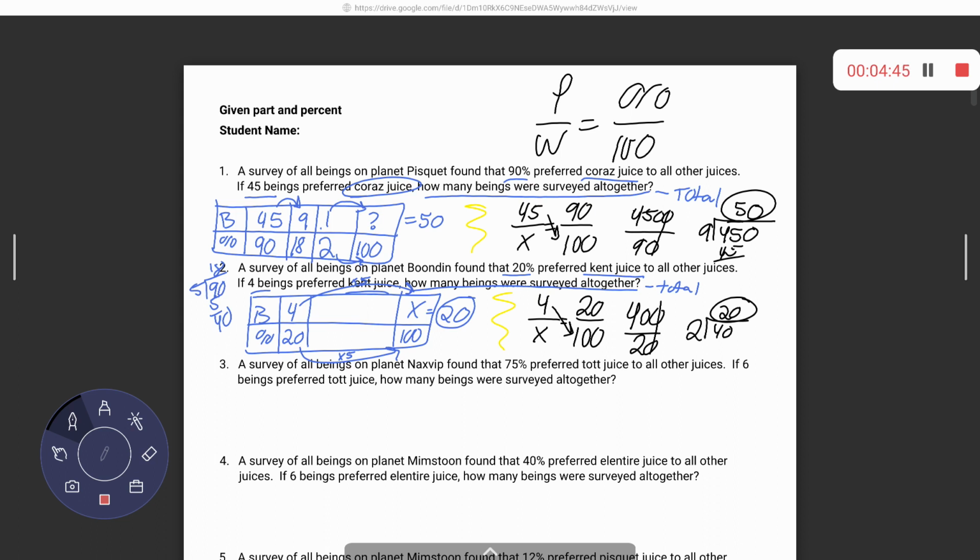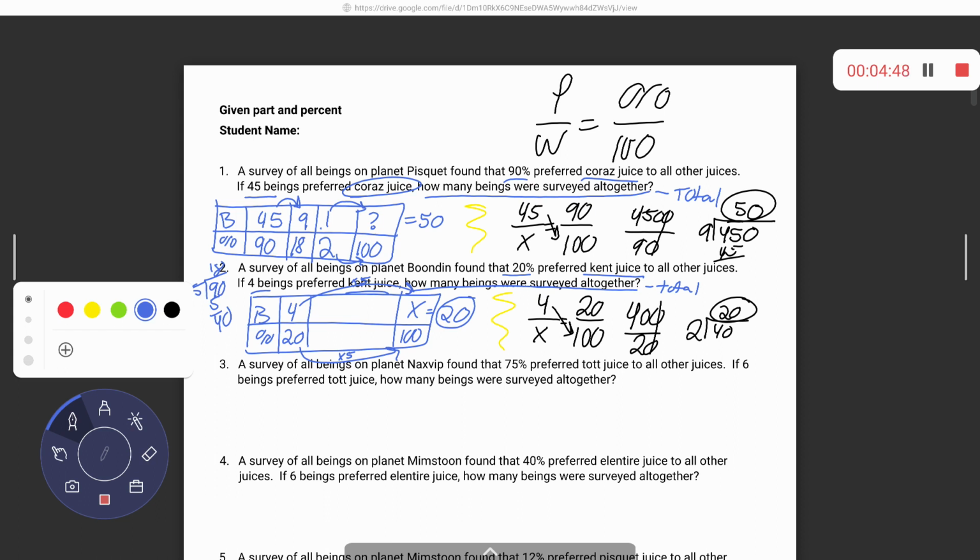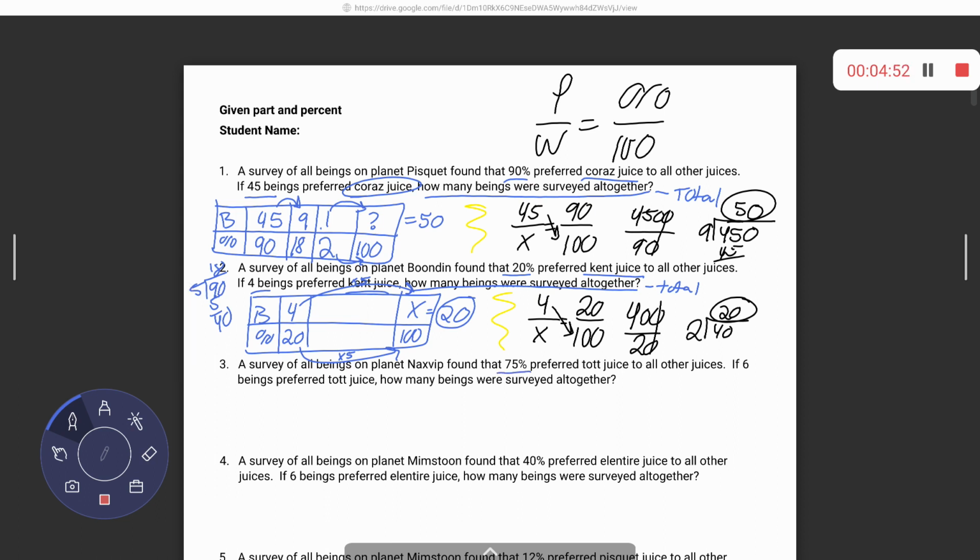Okay, let's try another one. A survey of all beings on the planet, whatever, found that 75% preferred tot juice to all the juices. If 6 beings prefer tot juice, how many beings were surveyed altogether? So again, total. So we're going to set up our box. You have beings over percent.